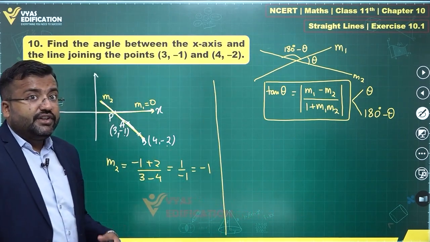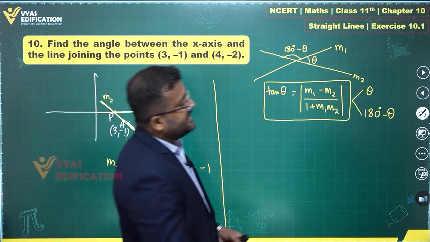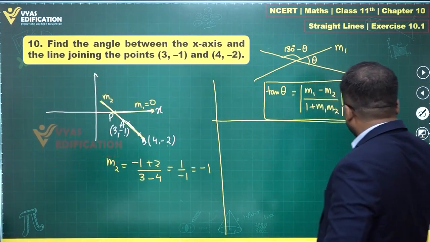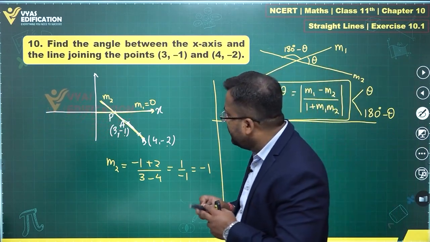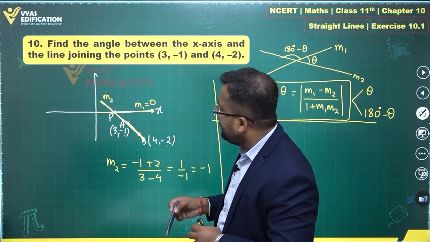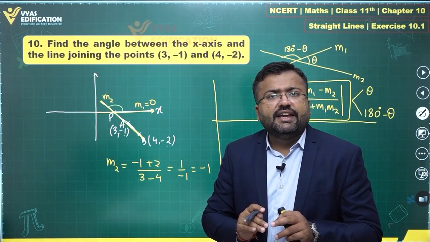After this I also have a simpler approach for you. Before we use that formula, can you observe that this slope of -1 implies that this particular angle is known directly?